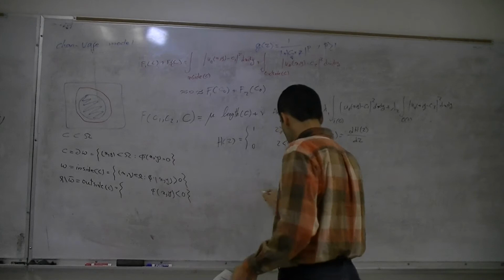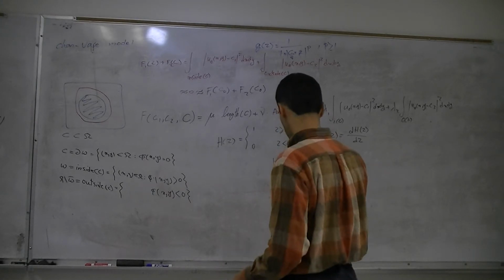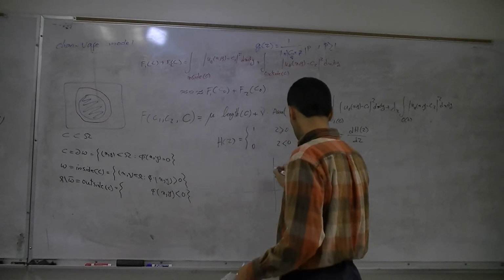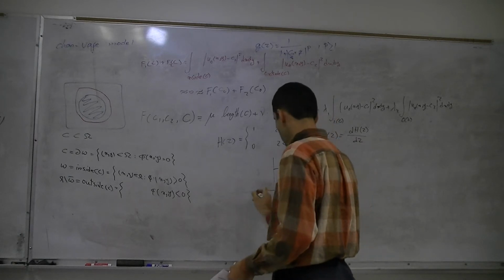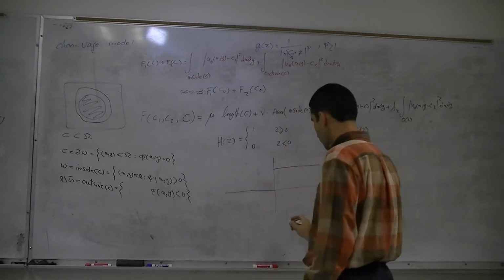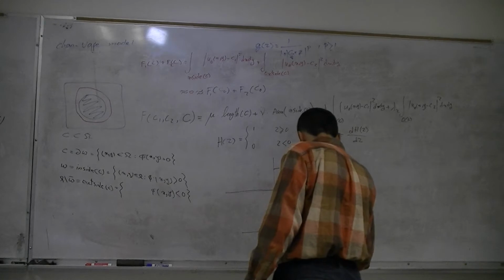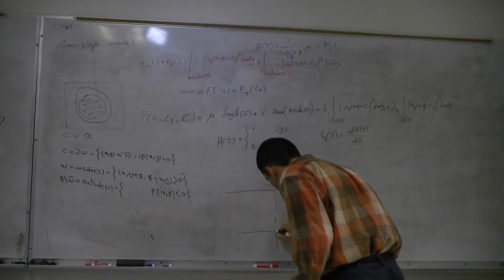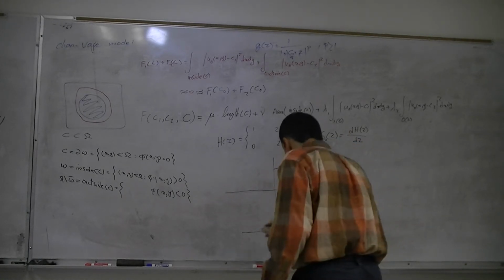This function is 1 here and 0 there, and the derivative of this is something like this, and 0 elsewhere.